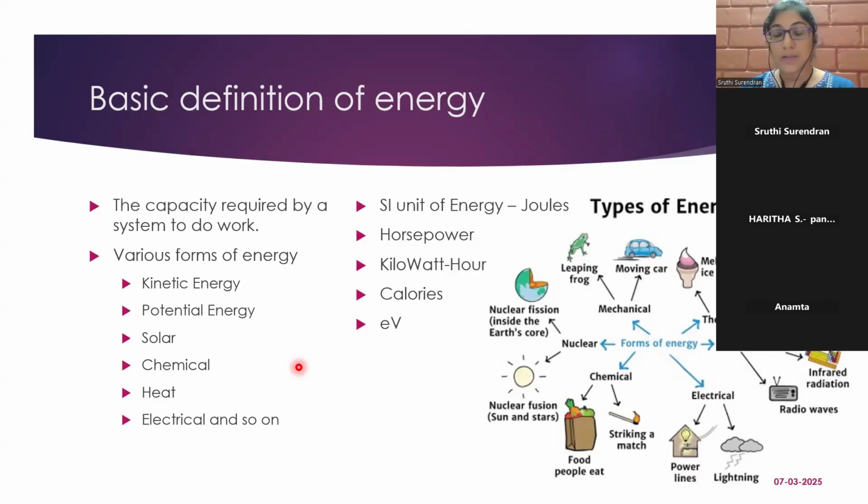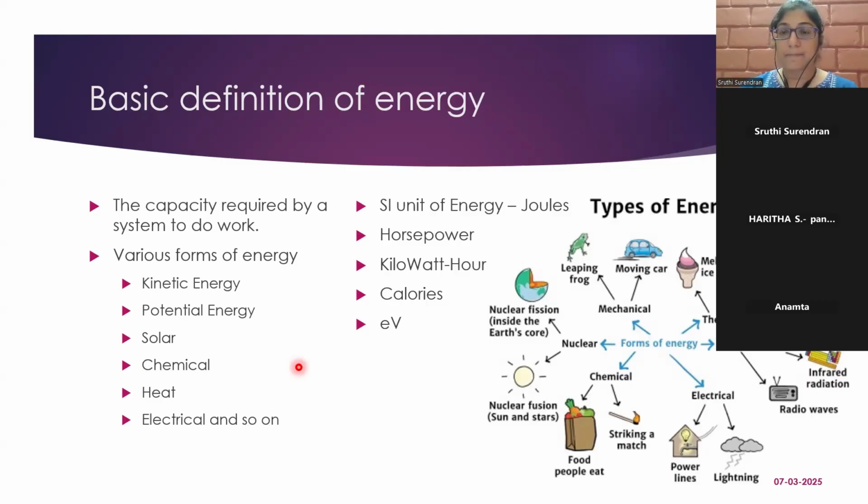It is also expressed in terms of horsepower or kilowatt hour or calories. When it comes to eating food and our health, we account for the calories of food that we eat, the kilocalories or calories that are burned out, which is a measure of how much energy we take in and how much energy is removed from our system. Then electron volts is also one unit of energy, which is basically the energy possessed by particles.